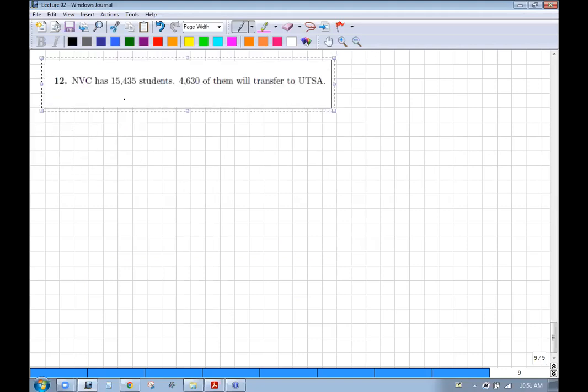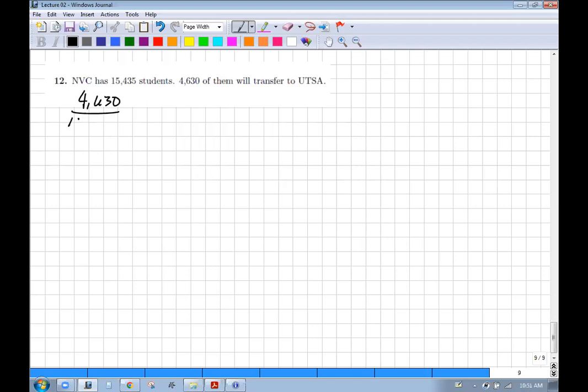Northwest Vista has 15,435 students, 4,630 of them will transfer to UTSA. So 4,630 out of 15,435 is how many will transfer.